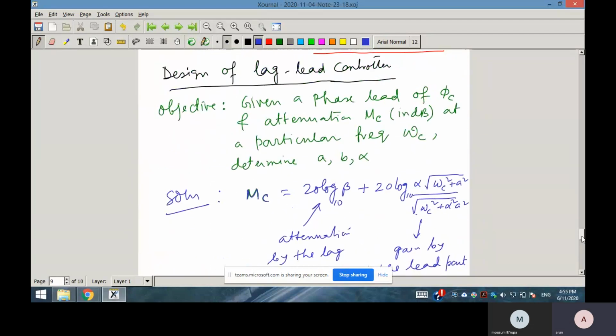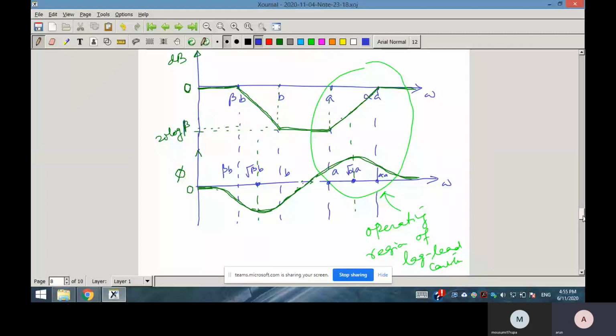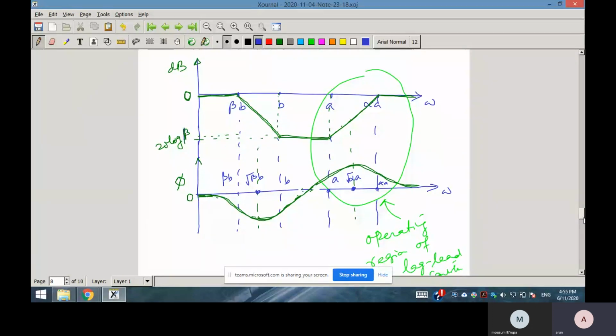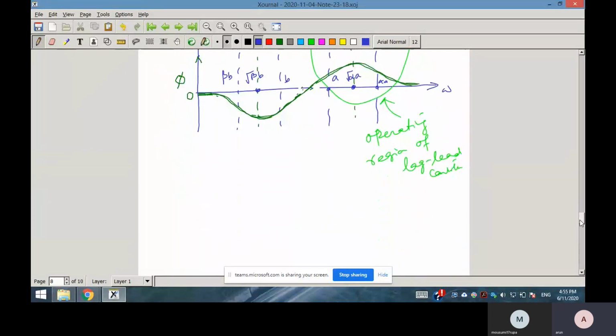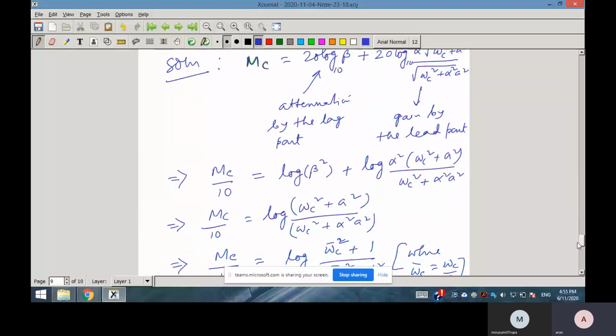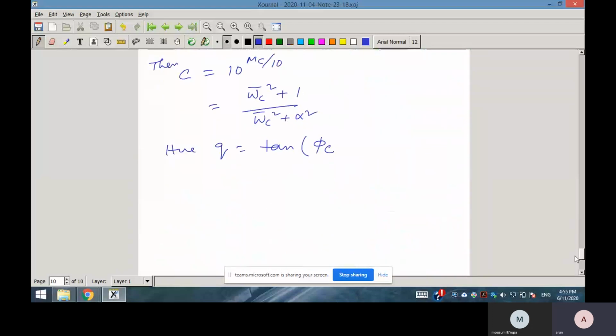But because of the presence of the lag part, it will provide a very small amount of phase lag also. That means ultimately I have to provide a little bit more phase lead, so as to compensate the phase lag provided by the small phase lag, say 2 to 5 degree, or 1 to 5 degree, provided by the lag compensator.